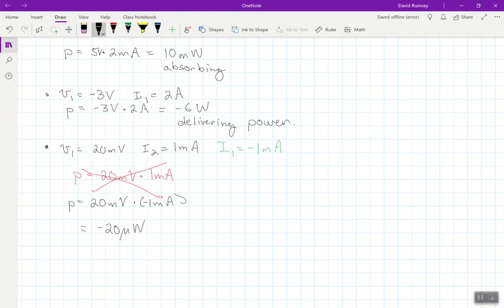Let me double check that that's what you should get. Yes, that is indeed what you get. And as far as whether this is delivering or absorbing power, because it's negative, that means it's delivering power.